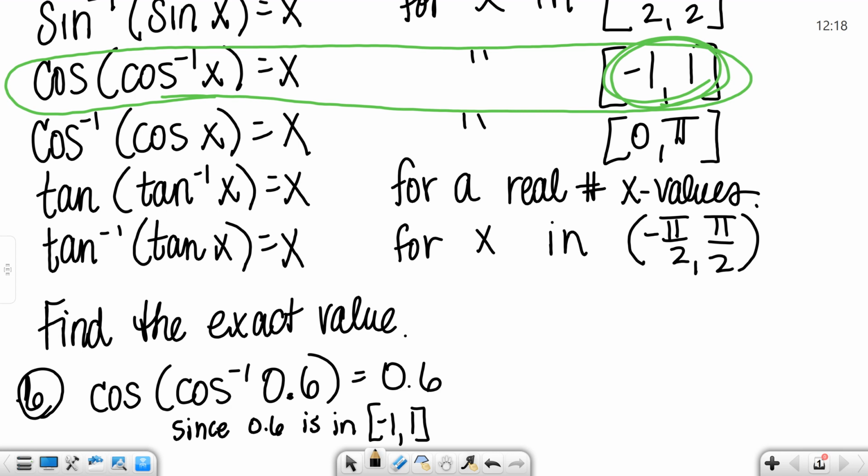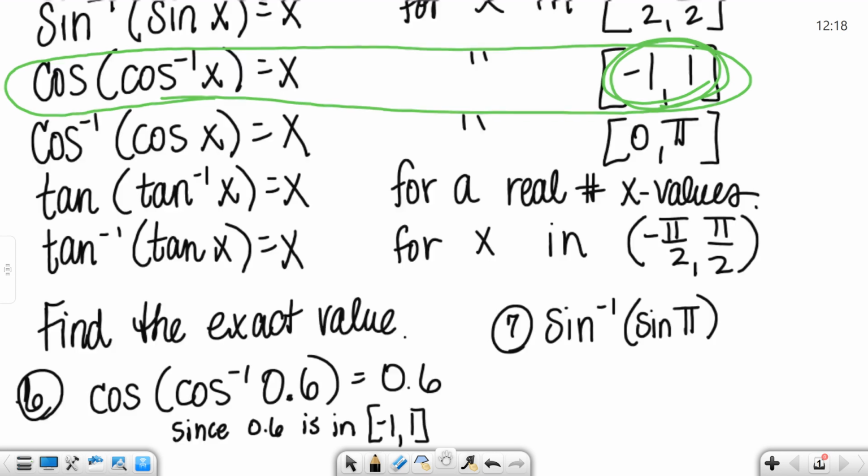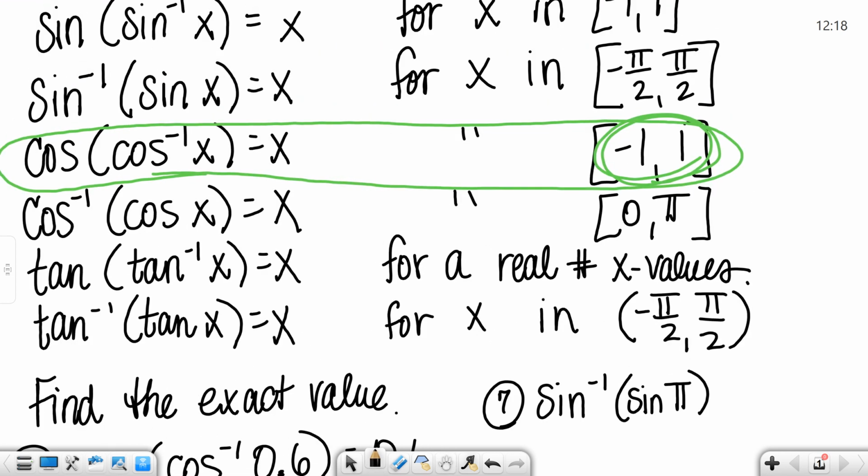Okay, so let's see what happens when it is not in the interval. Now we have to look at the inverse sine of the sine. Let's go back up here. The inverse sine of the sine.